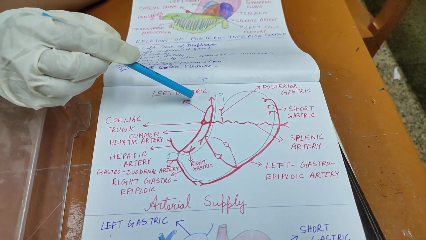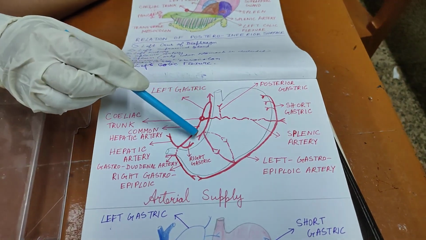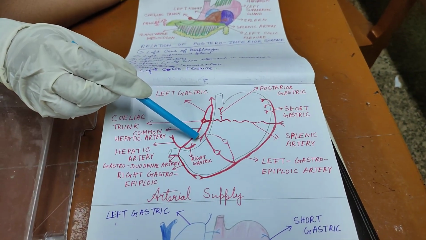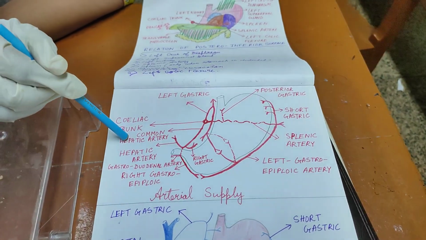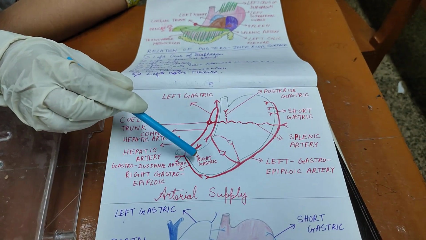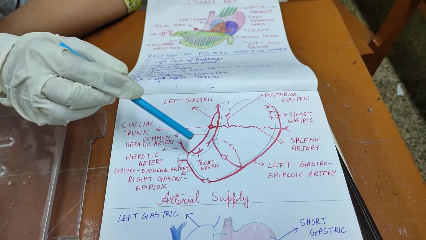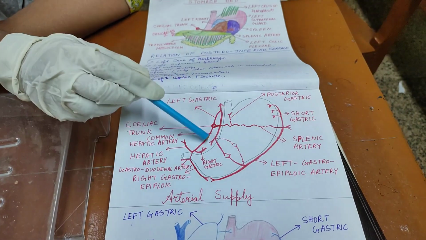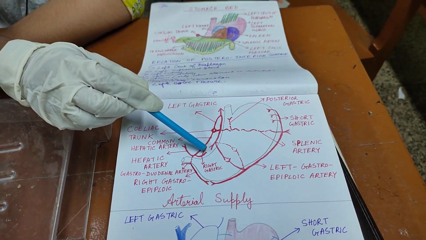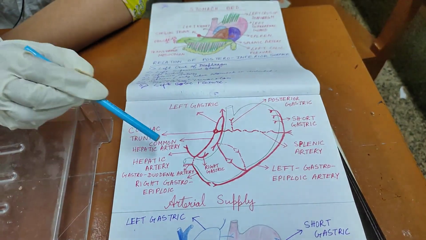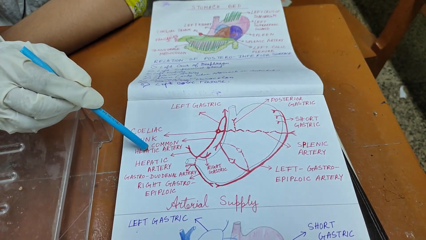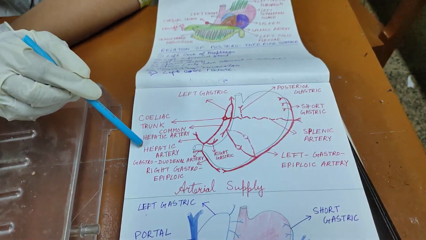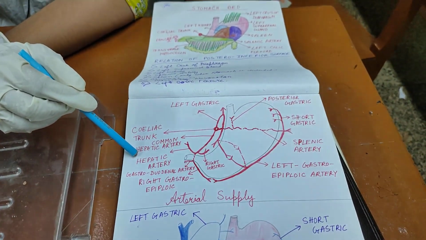The left gastric artery runs along the lesser curvature within the lesser omentum. The common hepatic artery gives rise to right gastric artery, which anastomoses with the left gastric artery within the lesser omentum.